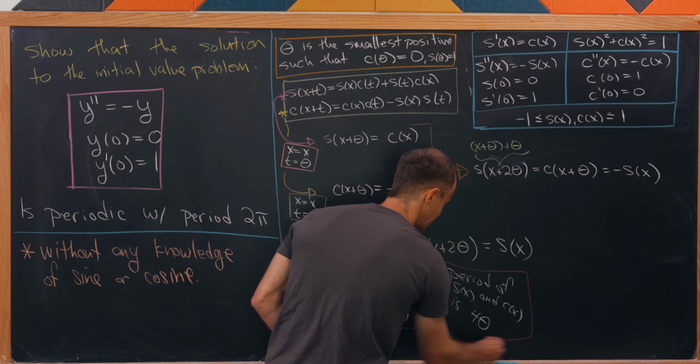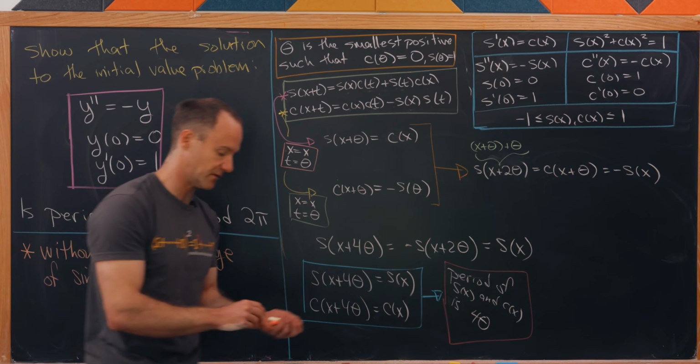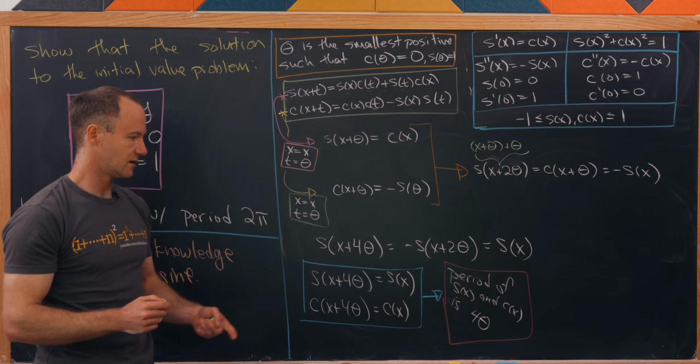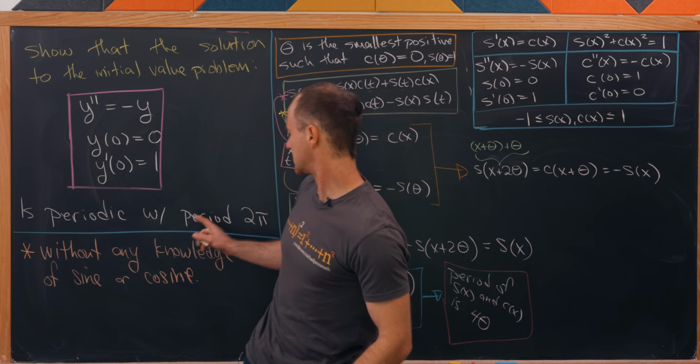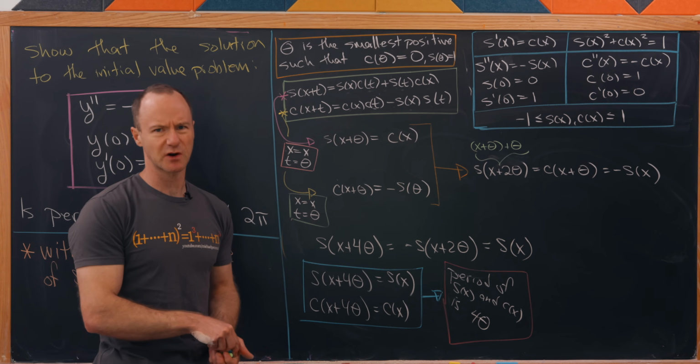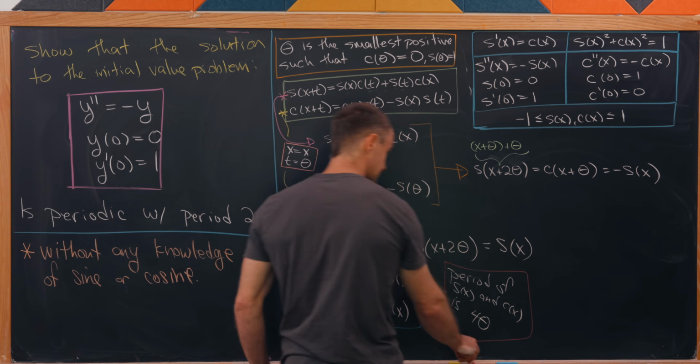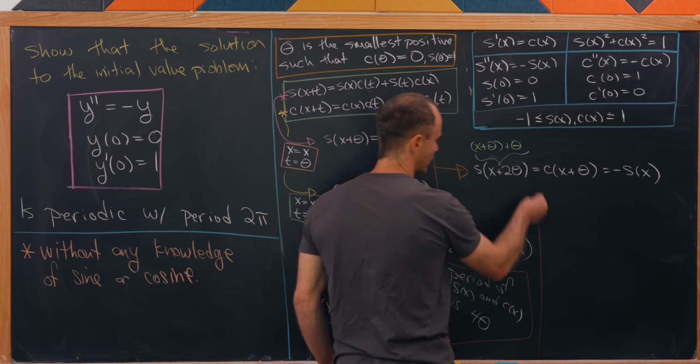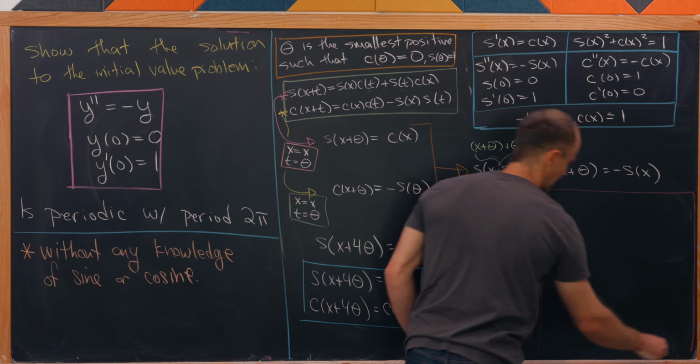Okay, well, that seems kind of helpful, 4 times theta, but I said over here that it's going to be equal to 2 times pi. And now here's where I'm going to use a little bit of a cheat, just so that we don't go down another rabbit hole. I think you'll forgive me for that.